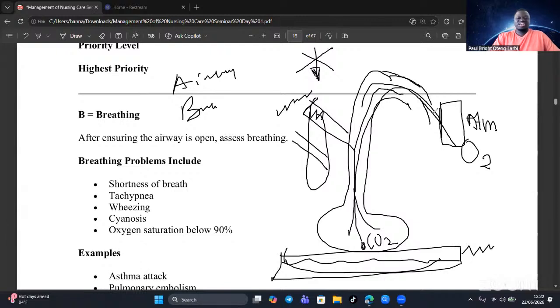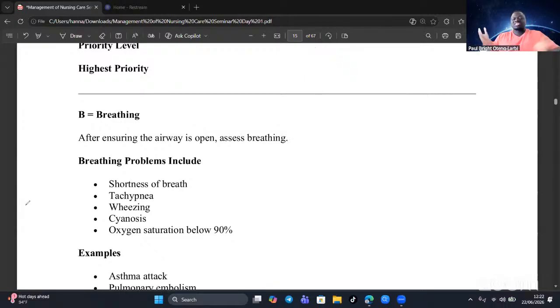So when I put a machine here and I'm able to achieve ventilation, I don't care what the diaphragm does. That is why it is always airway first.